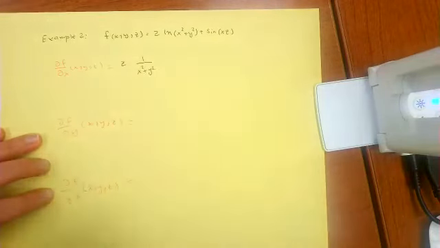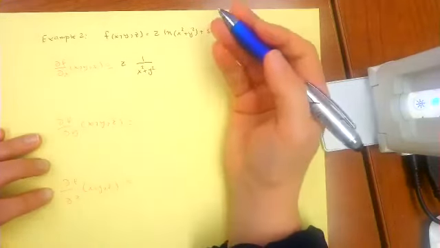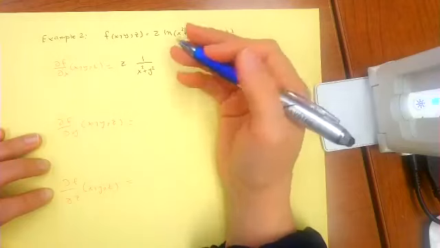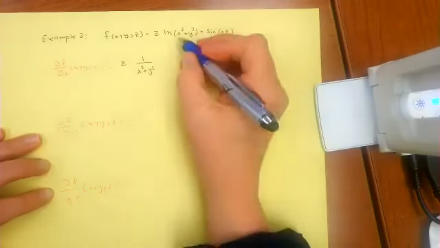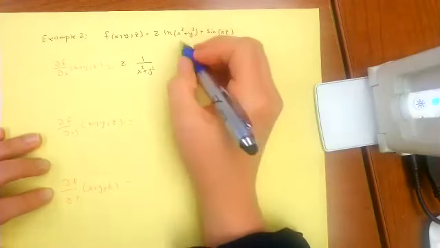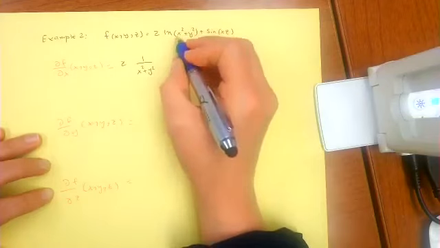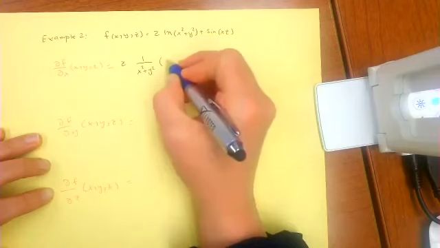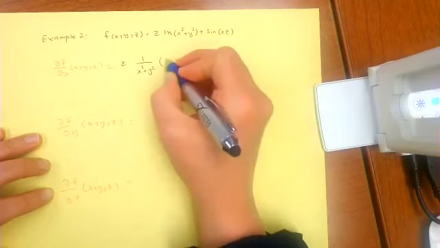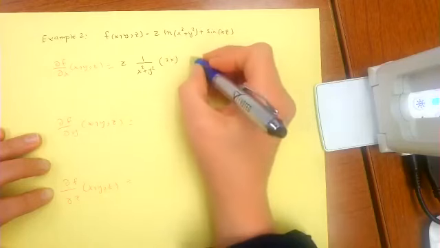And then I have to take the partial derivative of the inside function, according to the chain rule of one variable. So at this point, I get the partial of x squared plus y squared, which is just 2x, because 2x plus 0 is 2x.